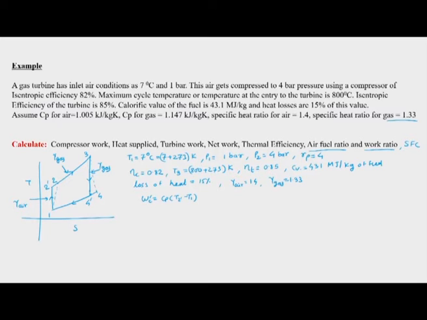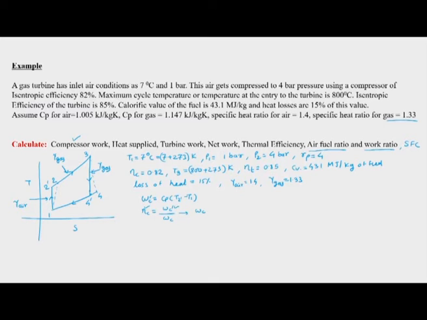Rp is given to us, T1 is known to us, so T2 dash can be found out. Then we can use the compressor efficiency formula, which is Wc dash upon Wc, ideal compressor work divided by actual compressor work. Using this formula we can find out Wc, since we would know Wc dash and eta C, which is compressor efficiency. So the first thing is done.